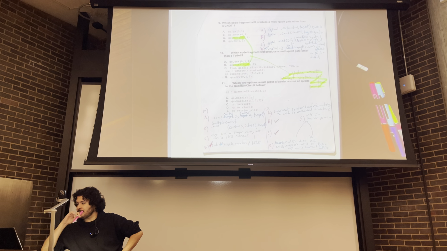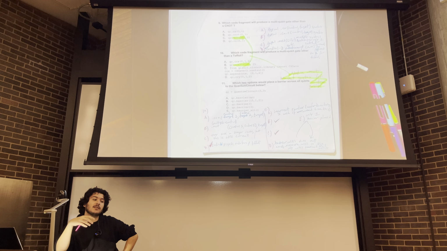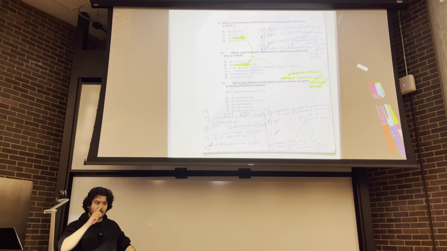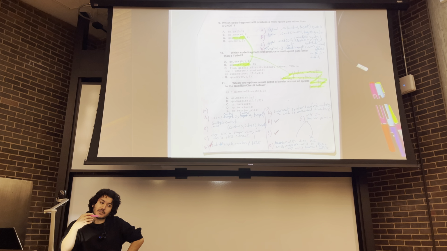So in question 10, we have two different ways to implement the Toffoli gate directly. Again, Toffoli gates are CNOT gates with two controls and one target. So we have .ccx, we have .mct. The third option that was correct is doing a regular CNOT gate and then adding the control function on top of it.